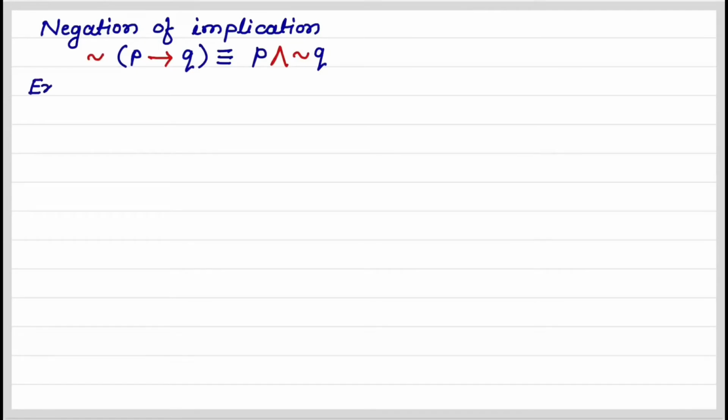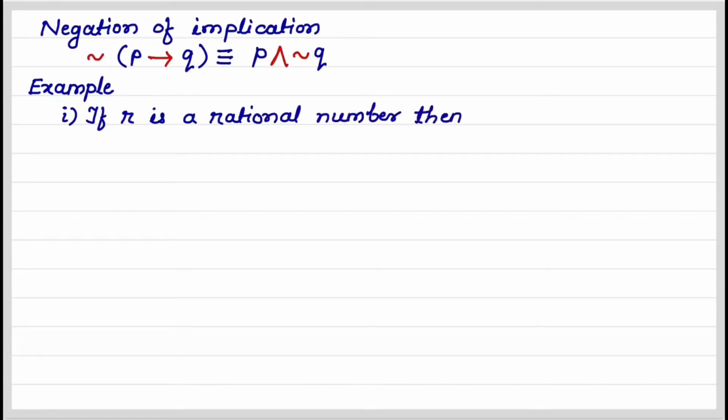We will see an example. If R is a rational number, then R is a real number. Logical connective used is if then. If R is a rational number is the first statement.